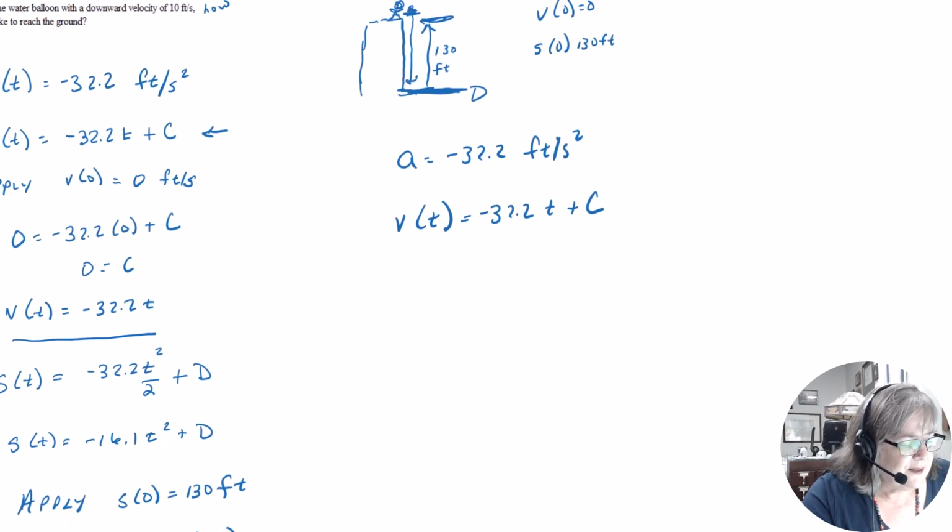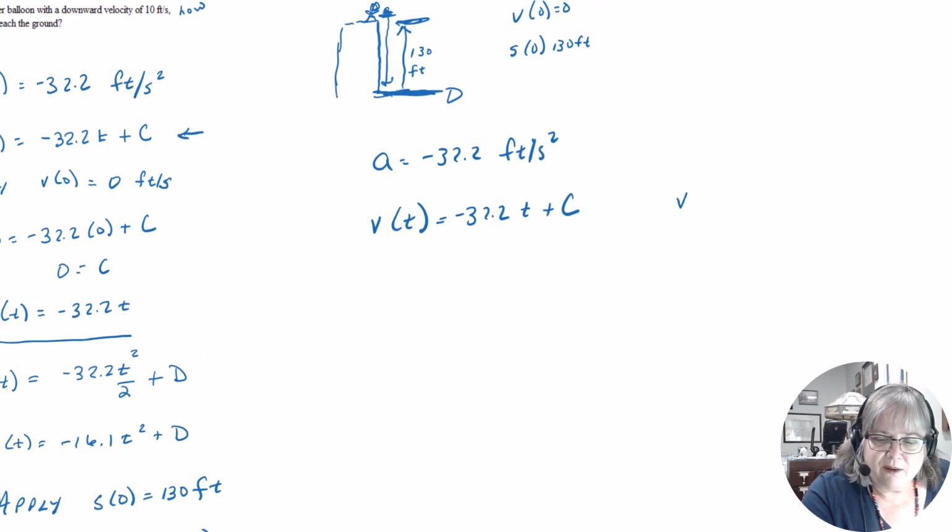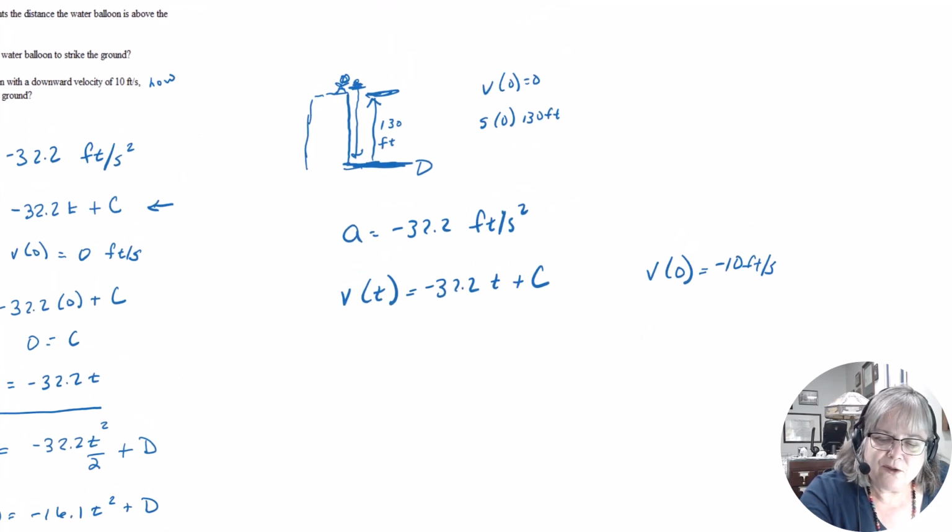But in this case, right, the velocity at time 0 is not 0. It's actually a negative 10 feet per second. Now, can you see why it's negative? If you're measuring up is positive for the distance, 130 feet up was positive 130 feet, and you are throwing this down in the opposite direction of measuring up.